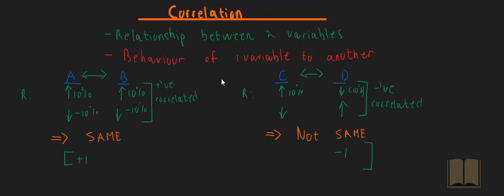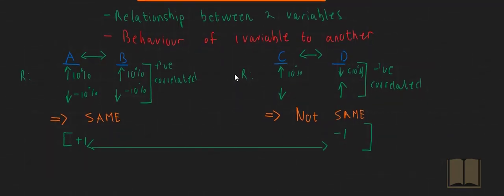So the relationship between two assets in terms of their movements in relation to one another can be described by attaching a correlation coefficient to it, and the correlation coefficient will lie between a positive 1, which indicates a perfect positive correlation, and negative 1, which means a perfect negative correlation.